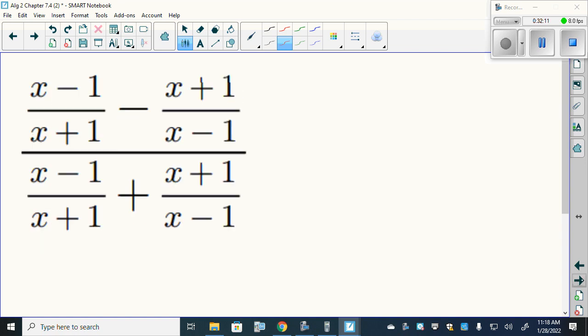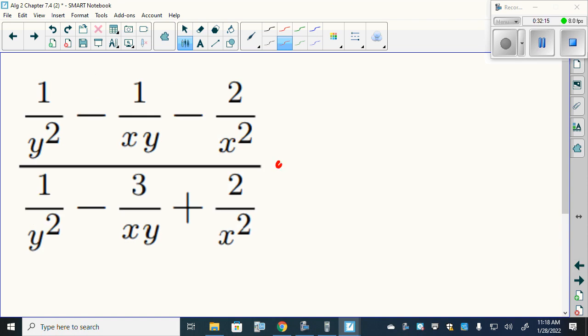I'll tell you for this one here, if we were to do it, all we would need to multiply everything by is x squared y squared. And I'm not saying this because it would come up on an assignment, but just in case you wanted to work through it, that's what we would need to multiply by.